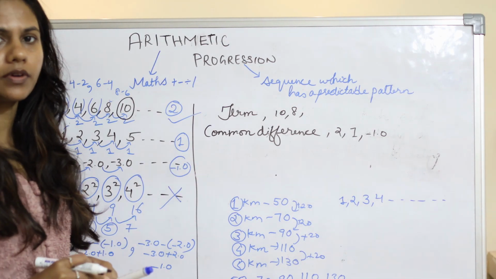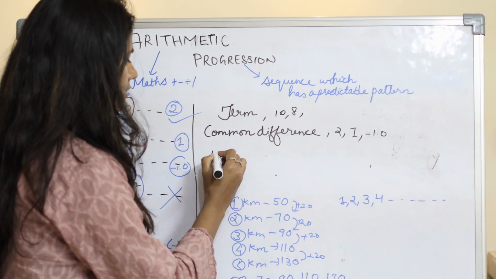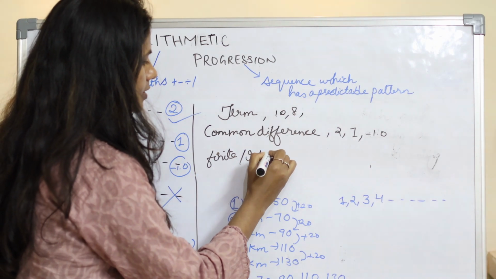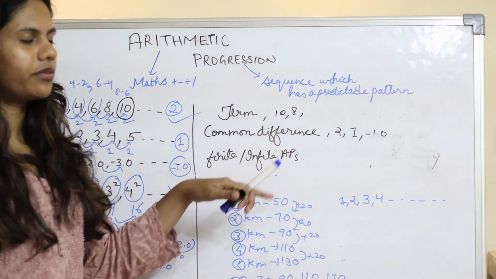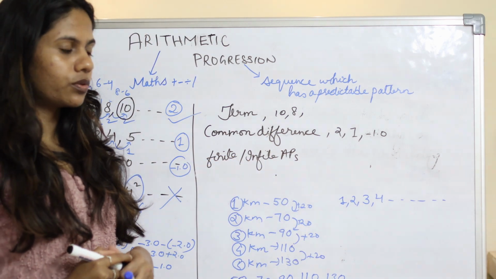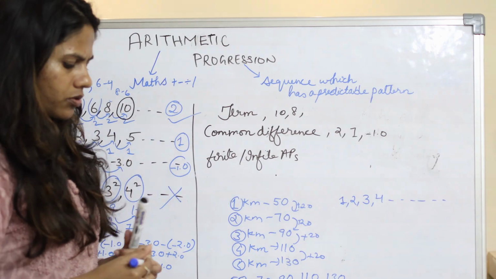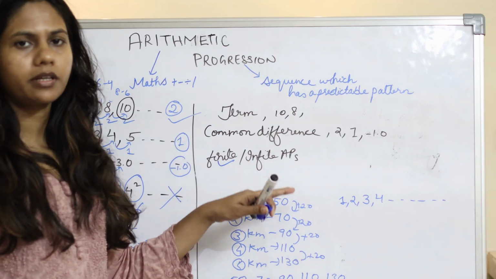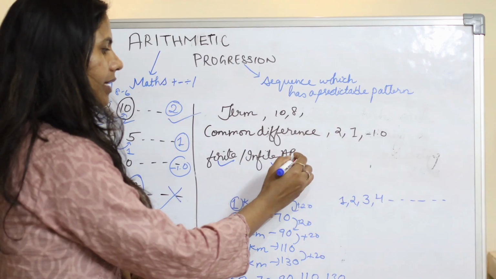Now next is finite and infinite APs. I have already covered this. An AP in which there are a finite number of terms is called a finite AP, and an AP in which there are an infinite number of terms is called an infinite AP.